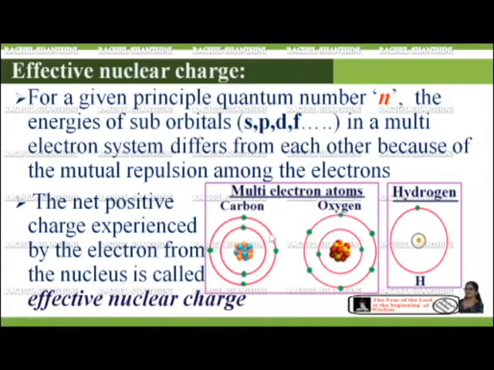The stability of the electrons in a multi-electron atom is because the total attractive interaction is greater than the total repulsive interaction. The attractive interaction of the electron increases with increase in the positive charge on the nucleus.